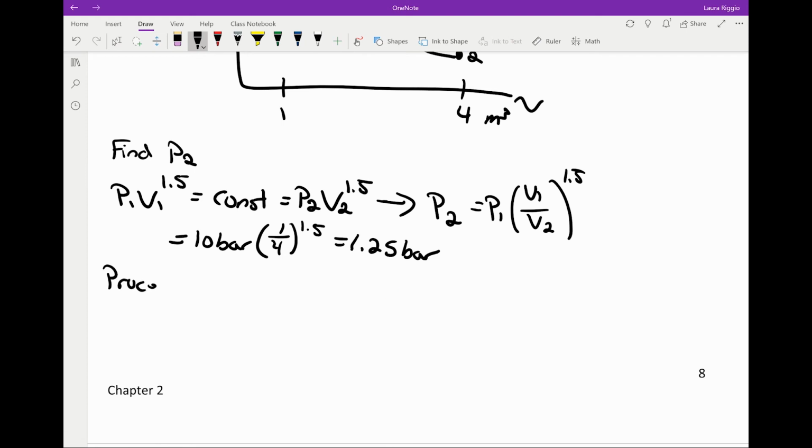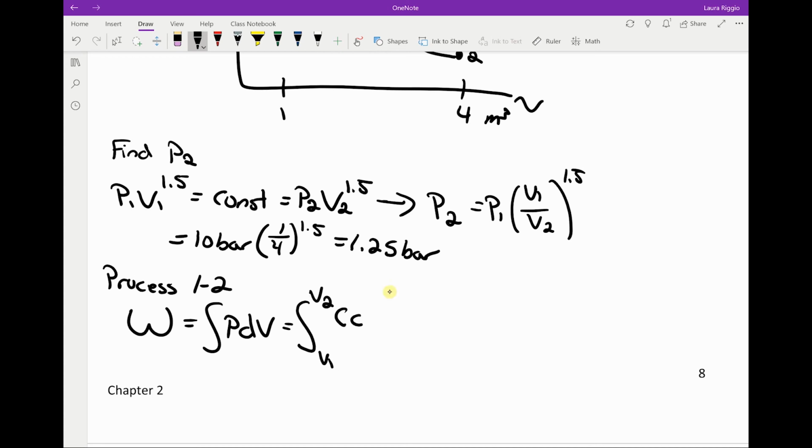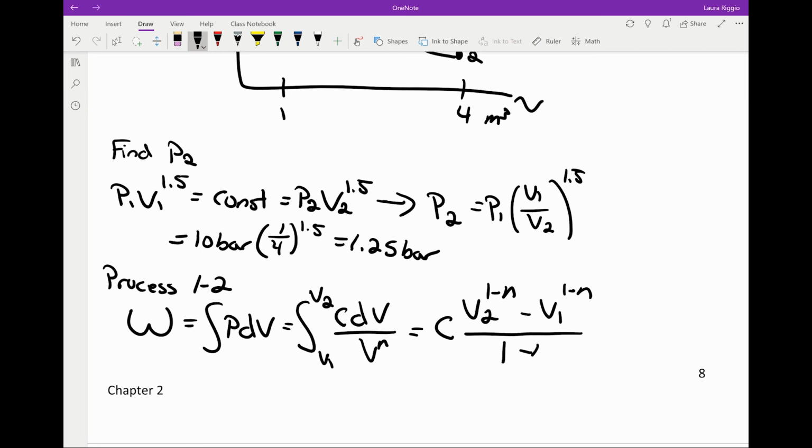So for process 1 to 2, our work is equal to the integral of PdV, which is equal to the integral from V1 to V2 of C dV over V to the n, which is equal to C times V2 to the 1 minus n minus V1 to the 1 minus n over 1 minus n.